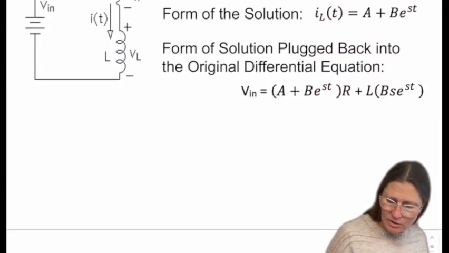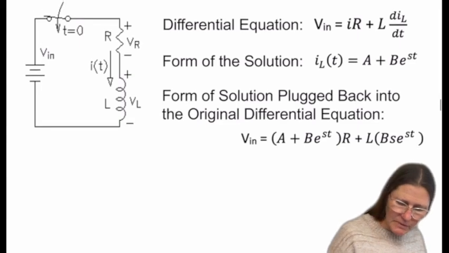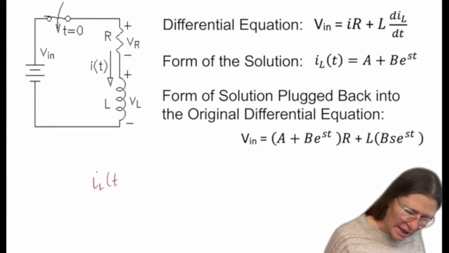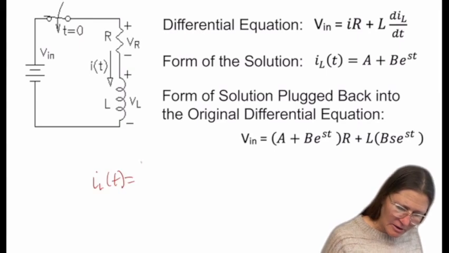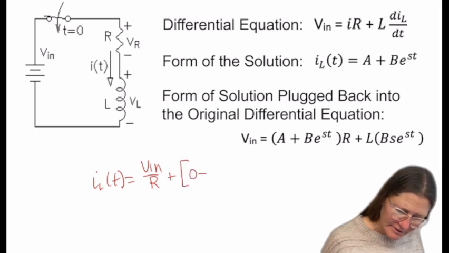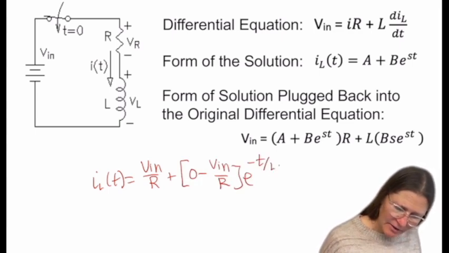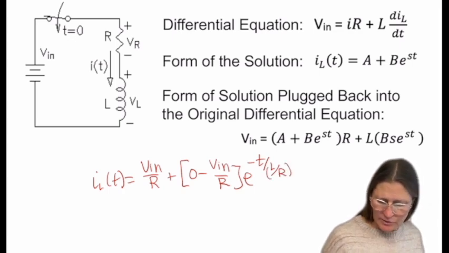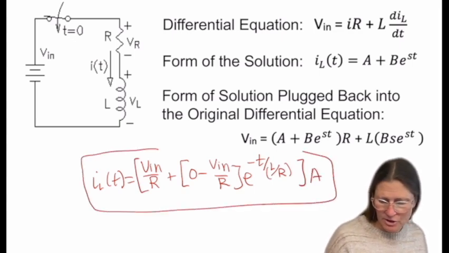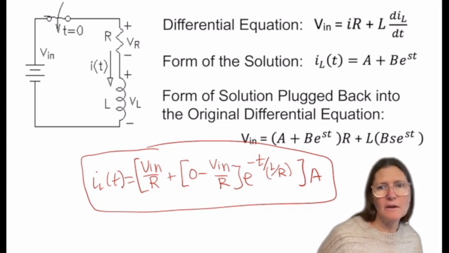So my final equation for IL of t will be Vn over R plus 0 minus Vn over R, e to the minus t over tau, and tau in this case is L over R. And this will be in amps. And so this will be my final equation for IL of t.